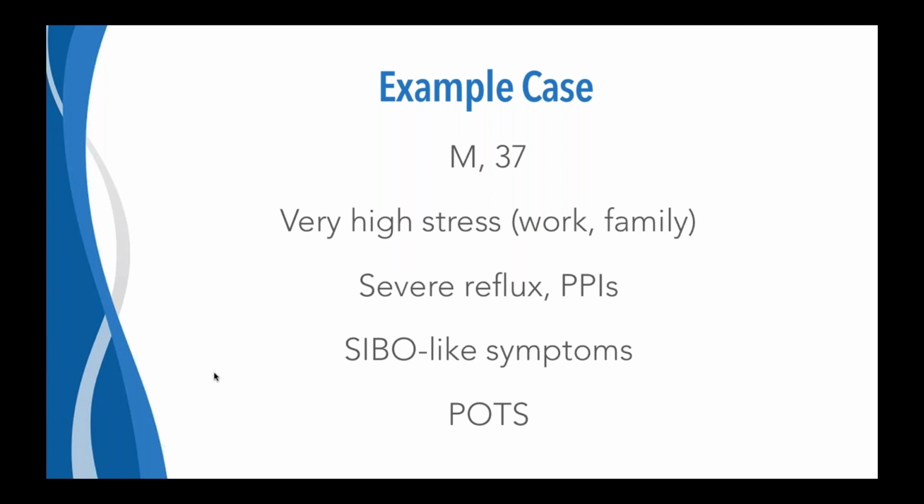He's suffering from severe reflux, has a history of being on proton pump inhibitors, exhibits SIBO-like symptoms that have not been confirmed in terms of breath testing, and also suffers from frequent postural orthostatic tachycardia syndrome. Essentially, when he stands up abruptly, he starts to feel faint and feels like he's going to pass out.